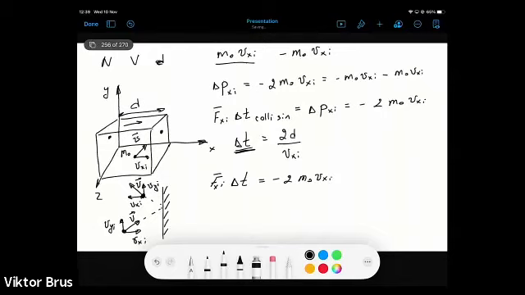And Vxi now is averaged over the interval of time delta t, which defines the time the molecule has to fly the distance 2d in order to hit this wall again.